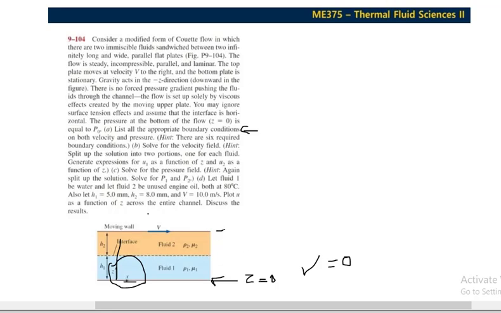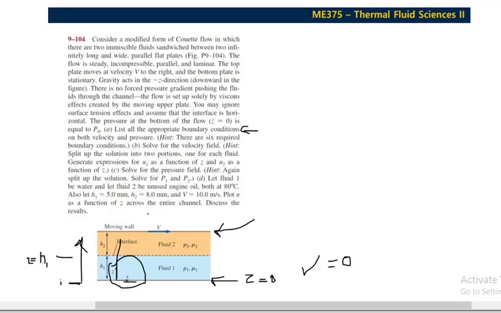When we move towards the maximum position of z, because z is increasing in this direction, first it will be z equal to h1, as we are determining from this base.